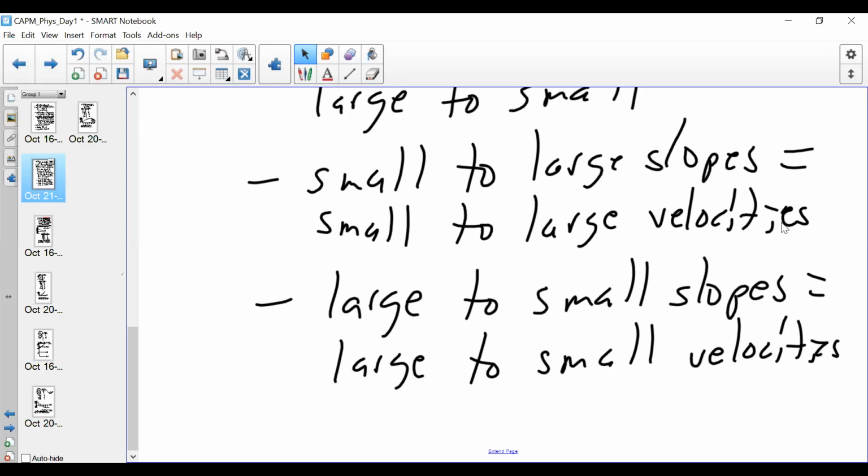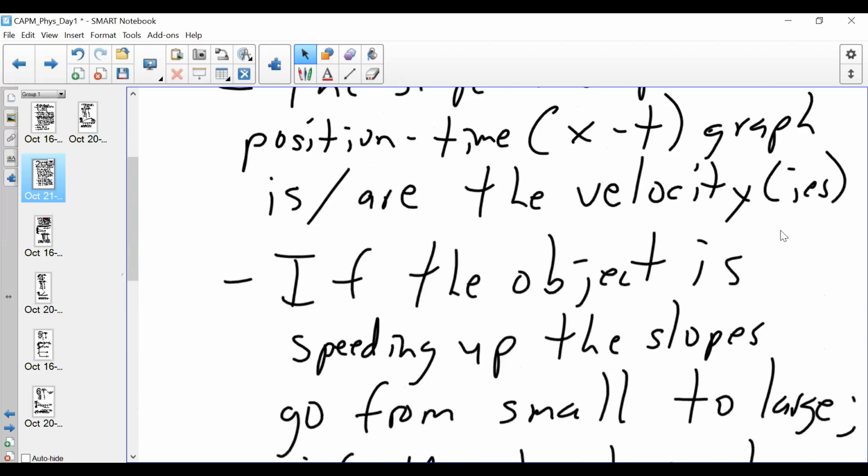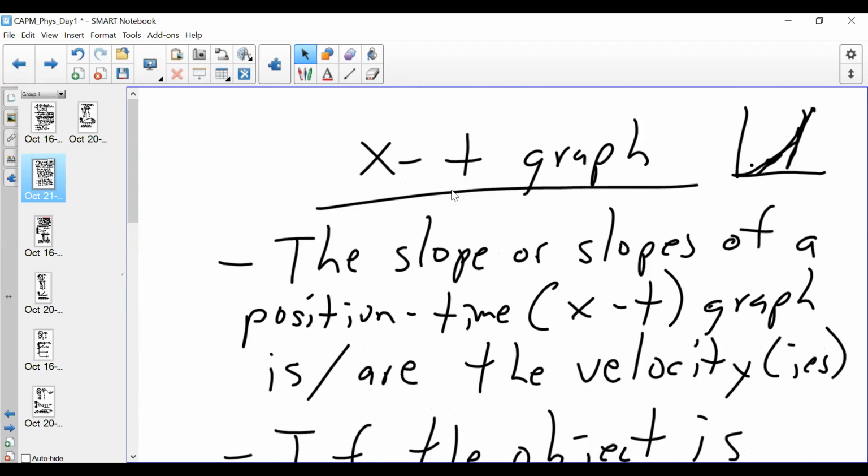Slopes mean velocities only on a position time graph. Small to large slopes, small to large velocities. Large to small slopes means large to small velocities in the context of the position time graph.